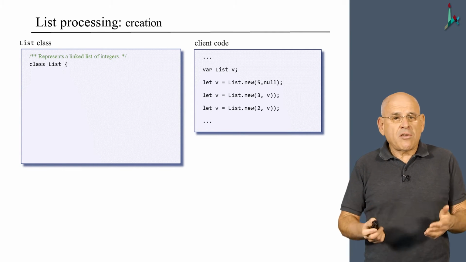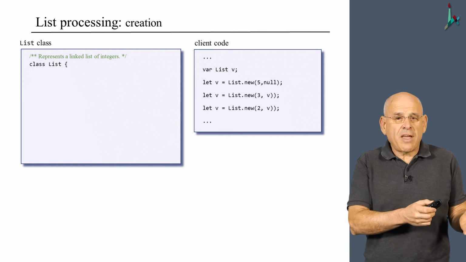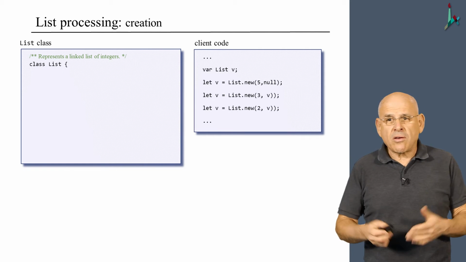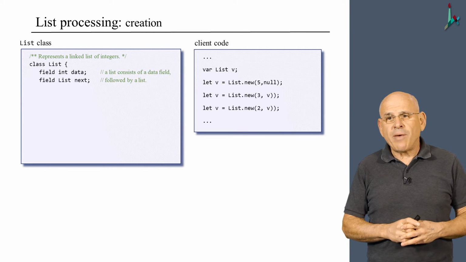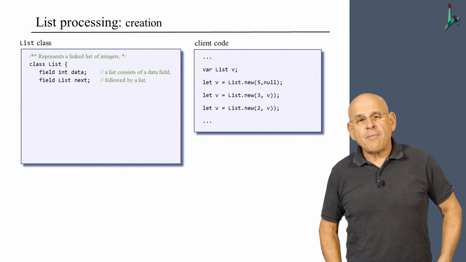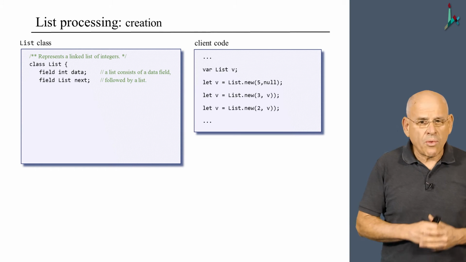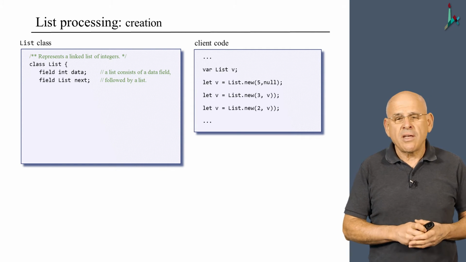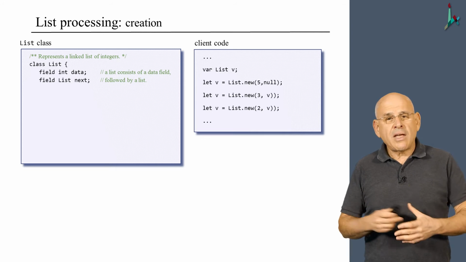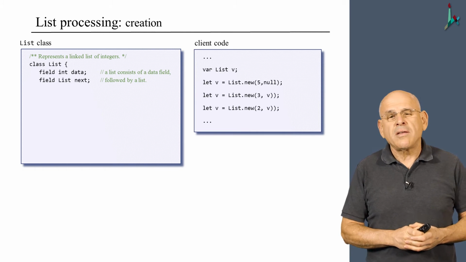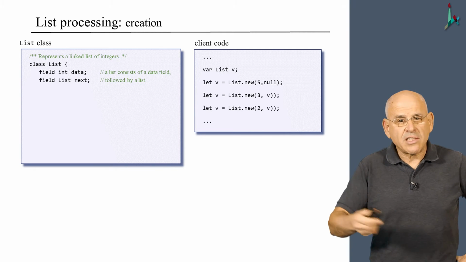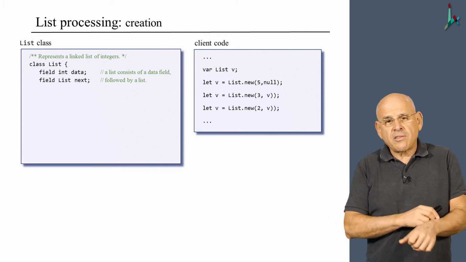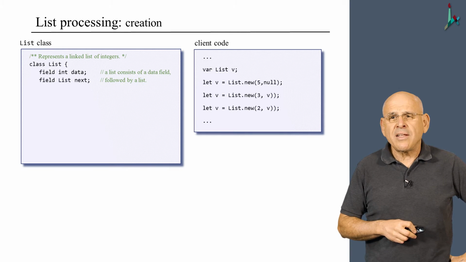Well, a list consists of an atom or some piece of data and a list, right? So let's define two fields that represent exactly this information. A data field of type int, because we decided to create a linked list of integers, and the next item in the list is a list. So we have a next pointer of type list to point at the tail.